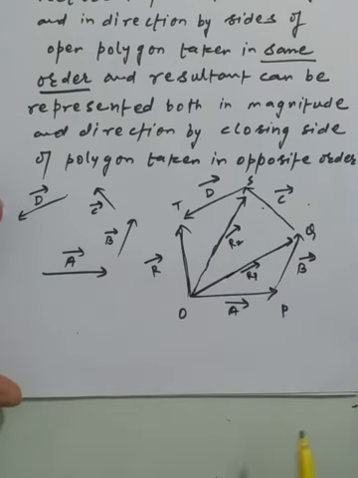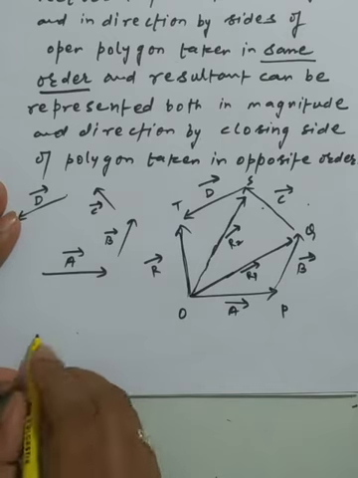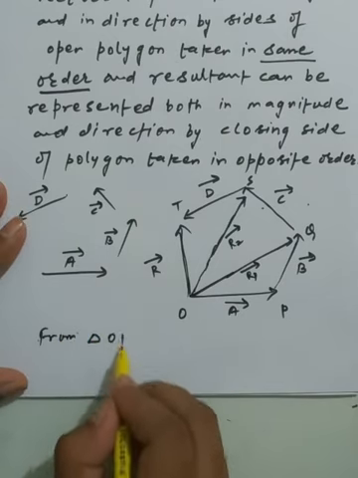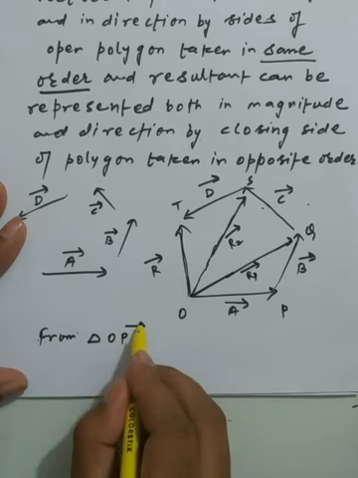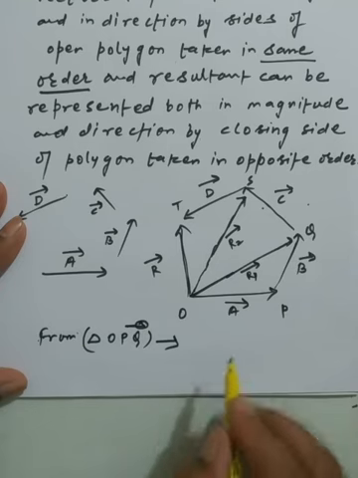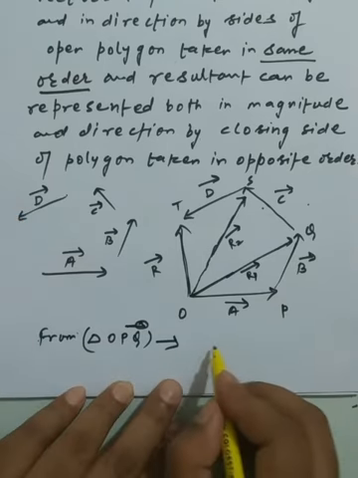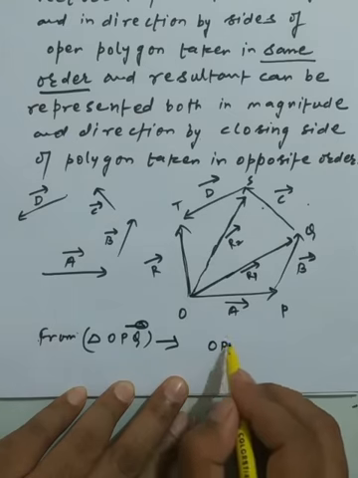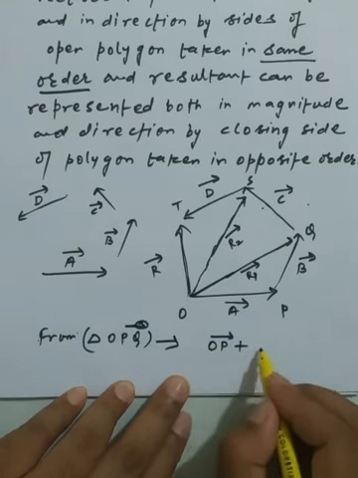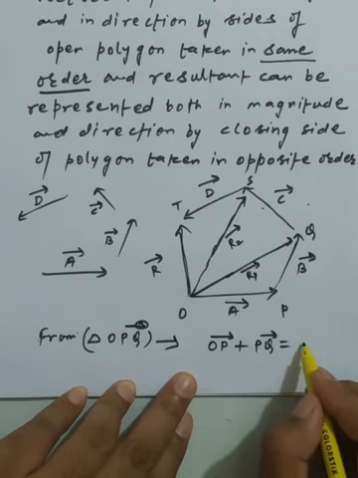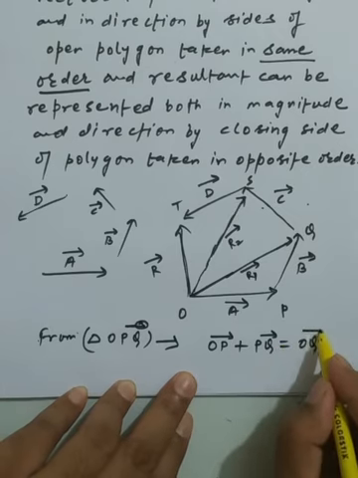Whenever we are resolving it one by one, I am taking the triangle OPQ. How am I representing it? OP vector plus PQ vector gives the OQ vector.